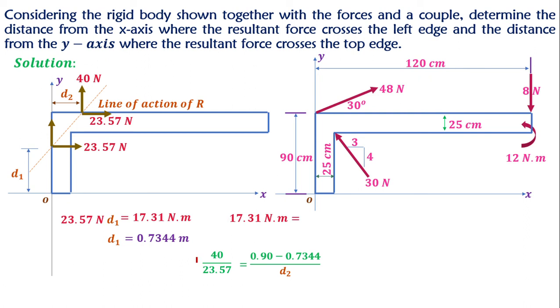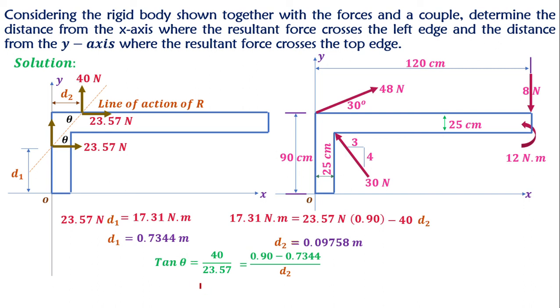We have 17.31 multiplied by 0.9 minus D2. Ayan, di ba? So, D2 is equal to 0.099758. Okay. Ayan, di ba? Theta, check nga natin. Ayan. Parehas naman yan, di ba?